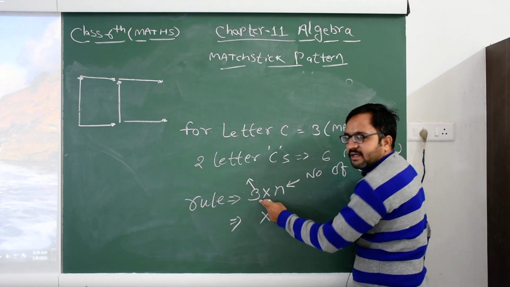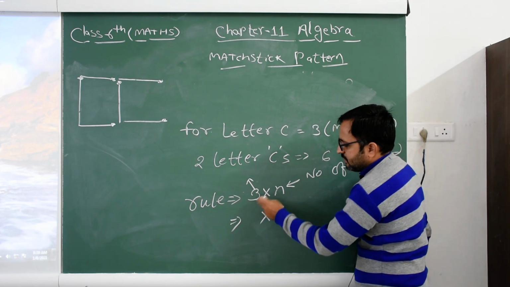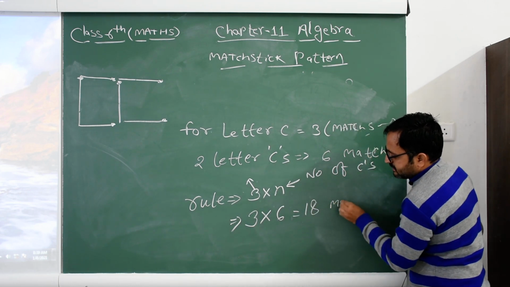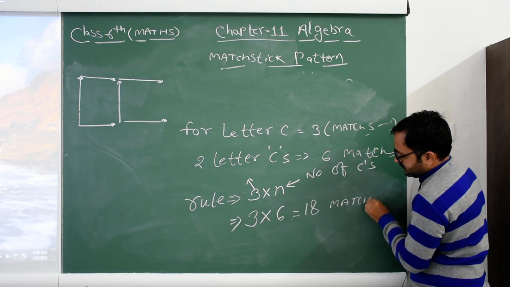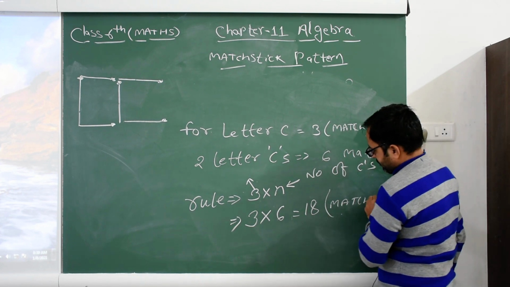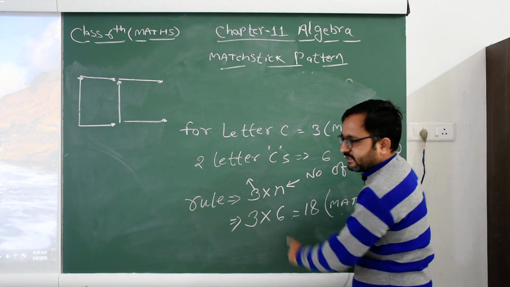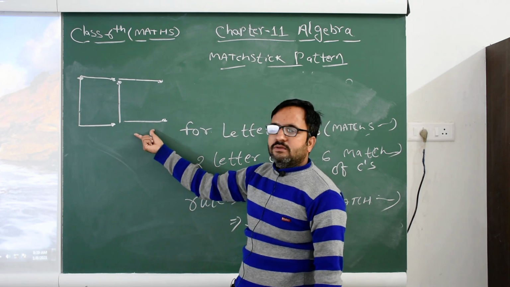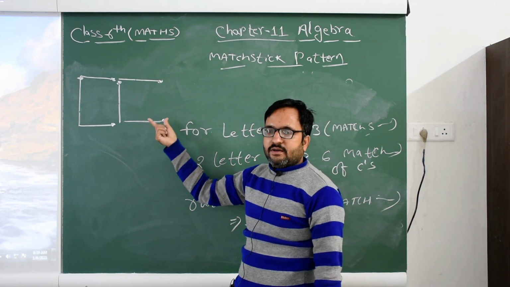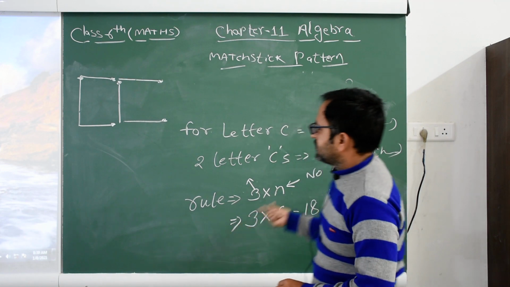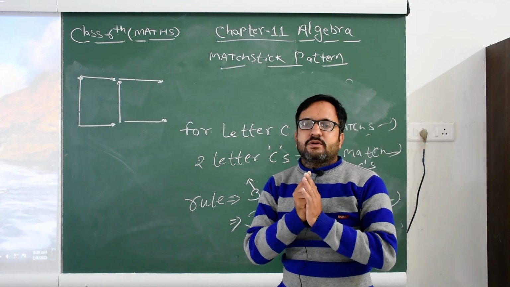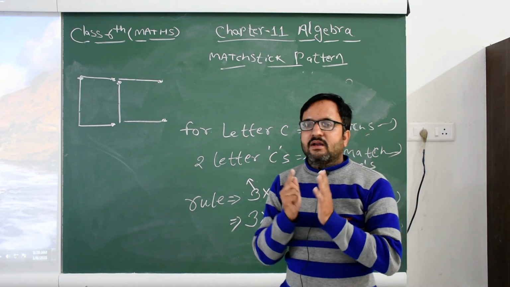And how many matchsticks do we use for a single C? 3. So 18 matchsticks we use for 6 C. So this is the rule belonging to letter C. This is called matchstick pattern: how many matchsticks we use to draw a particular symbol or letter.